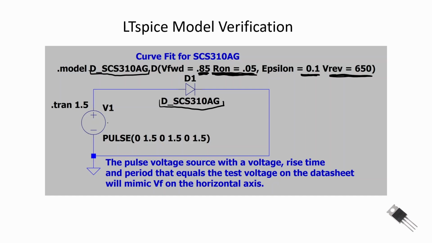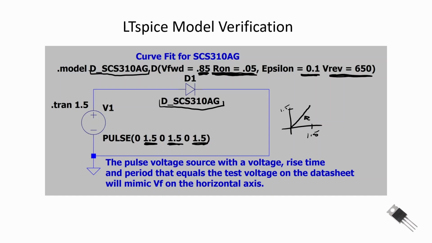One of the ways we can test this is by putting in a pulsed voltage source where we are going to go up to 1.5 volts. We're going to do it in 1.5 seconds with a period of 1.5. And what that's going to do is create an input voltage that ramps up to 1.5 volts in 1.5 seconds, so it has a slope of 1.